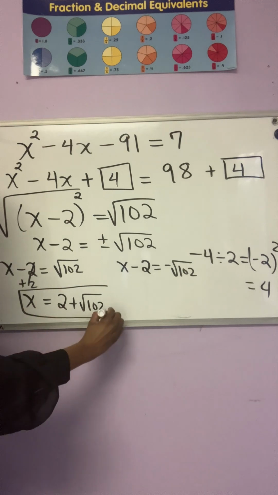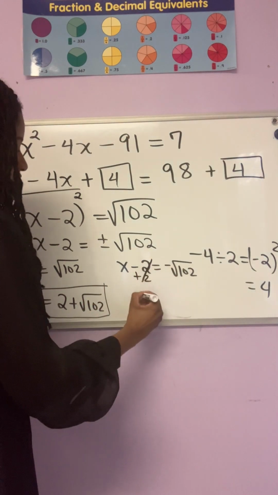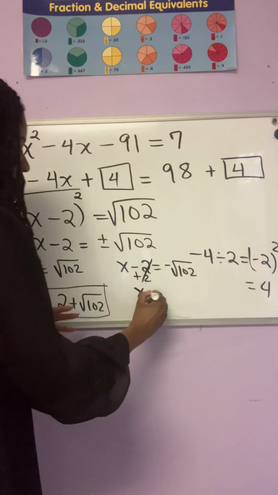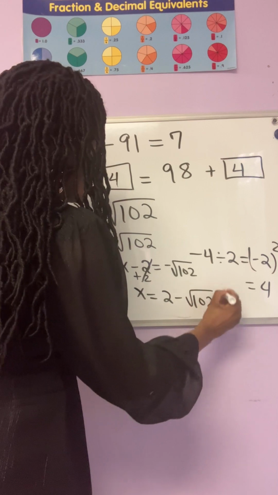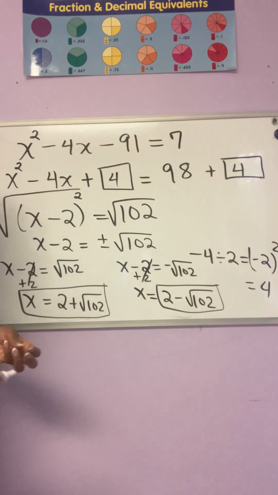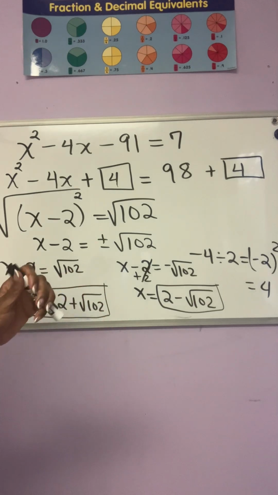So that's our answer. Most teachers will accept that. And if you add 2 to both sides over here, so we're still just following the regular steps of solving an equation, you have 2 minus the square root of 102. And that would be our next one. So we just leave it like that.